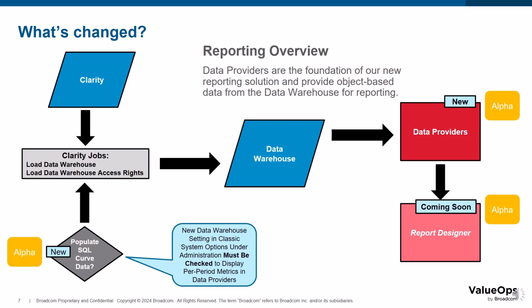What we're doing this release is providing a new capability to populate SQL curve data into the data warehouse. And this SQL curve data is what we're going to use in the data provider to display per period metrics. So if you don't have this enabled, you won't be able to see per period metrics in the data provider.